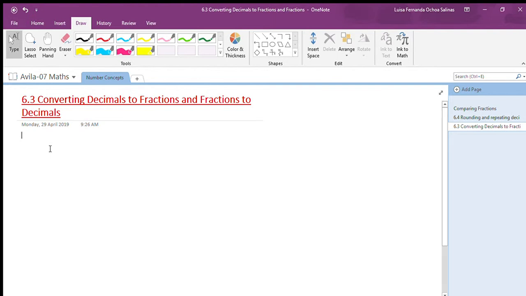two procedures. So the first one that we're going to cover is going to be converting decimals to fractions.